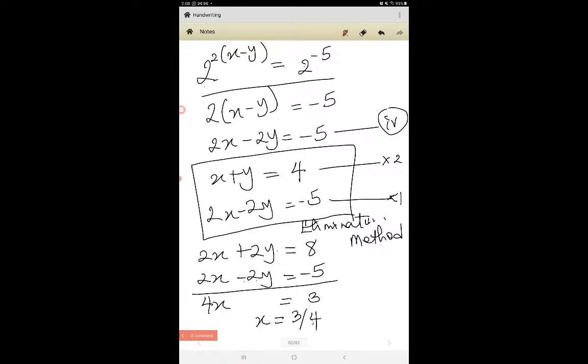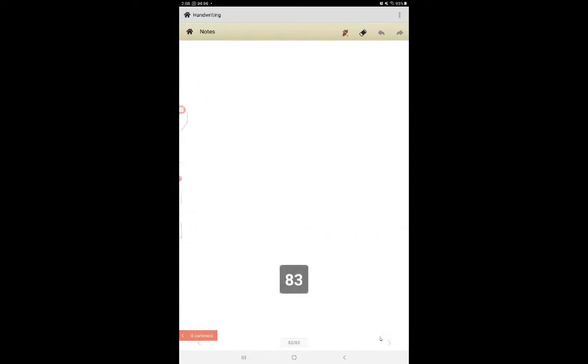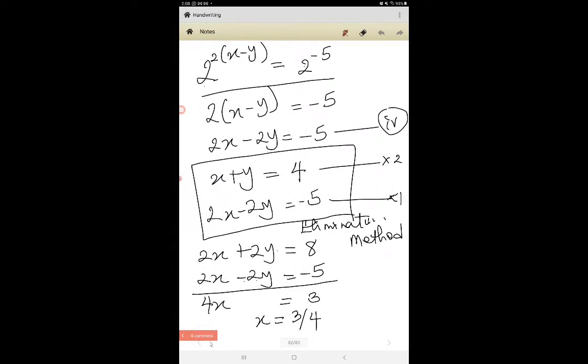That is about that. To get the value of y, we now have to substitute.